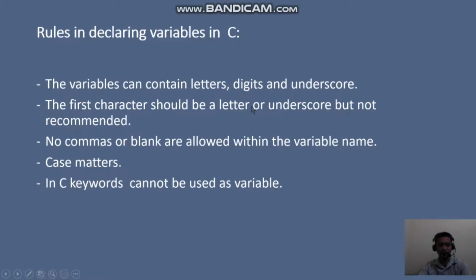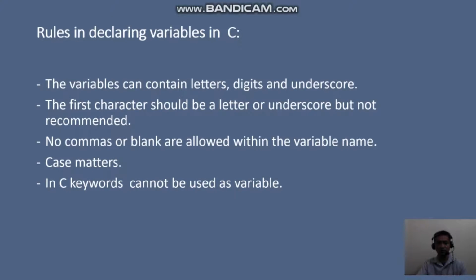So there are rules in declaring variables in C. Variables can contain letters, digits, and underscore. The first character should be a letter or underscore, but it is mostly not recommended to use an underscore as the first character.